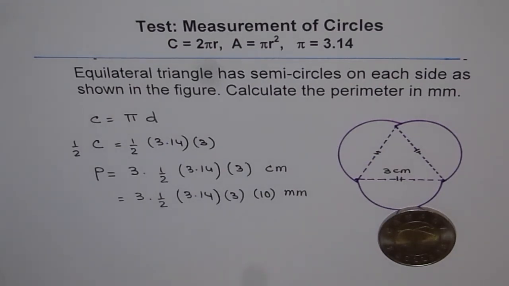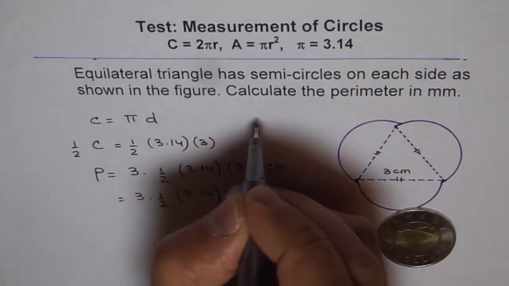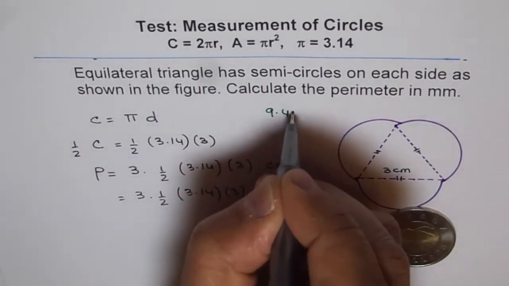So using a calculator, things are much simpler. So let's do first the circumference as pi times diameter. Pi is 3.14 times diameter is 3. We get a value which is 9.42. So the total circumference is 9.42.